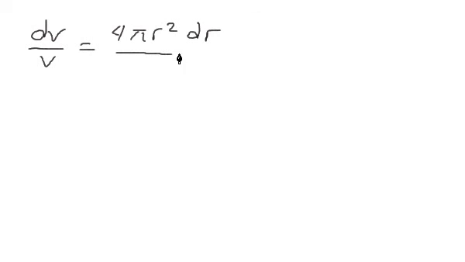The relative error is just dV over V. So this is 4 pi r squared dr over the volume, and the volume, of course, is 4/3 pi r cubed.